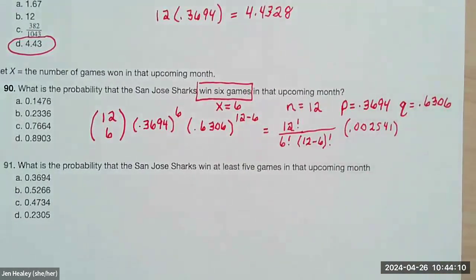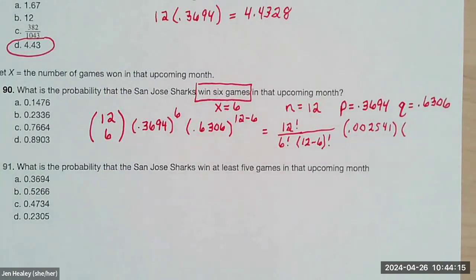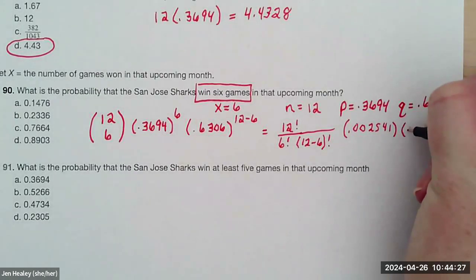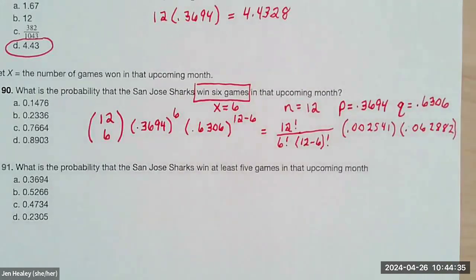I'll call that good. And then the other one, 0.6306 to the power of 6 is approximately 0.062882. I'll call that good.